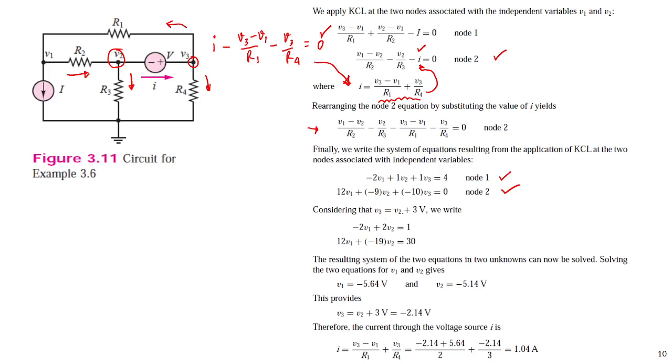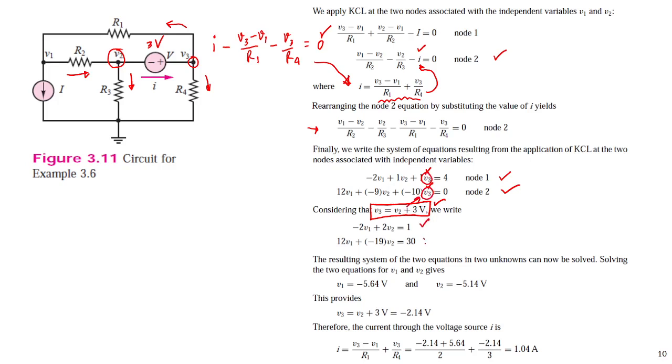Oh, sorry. Firstly we have V3 in the equation, right? And then we substitute V3 by V2 plus 3 volt. V3 is V2 plus 3 volt, right? As I said, the difference between V3 and V2 is 3 volt, so we can use this relation, and we substitute V2 plus 3 V into V3 here.